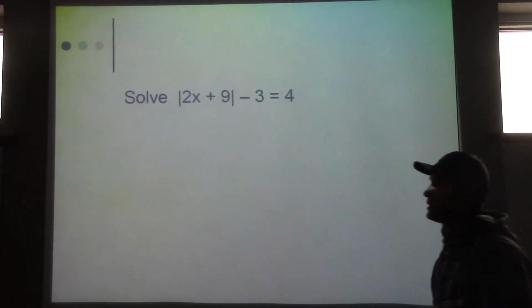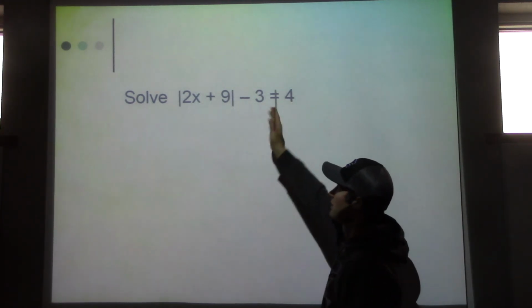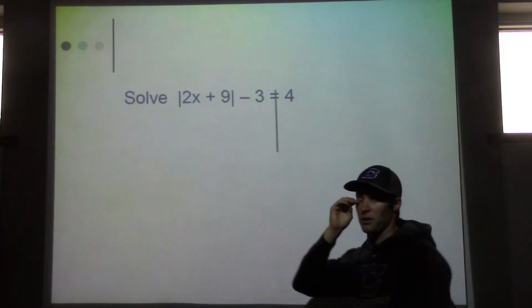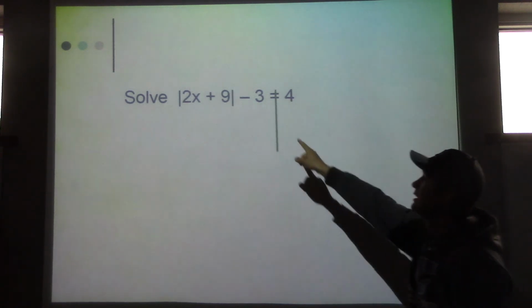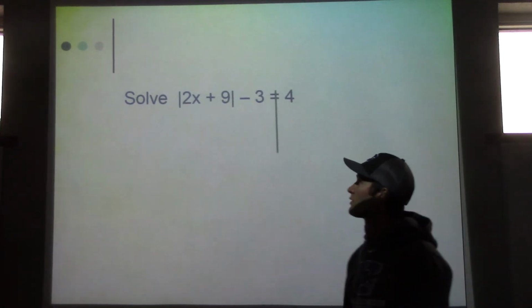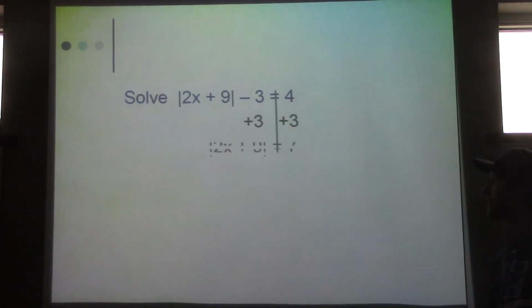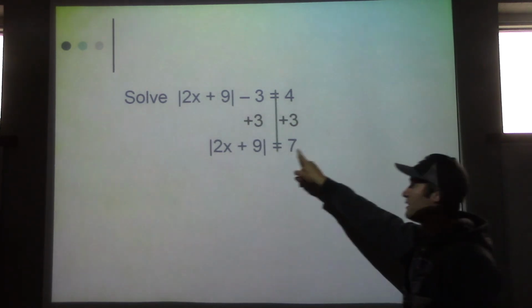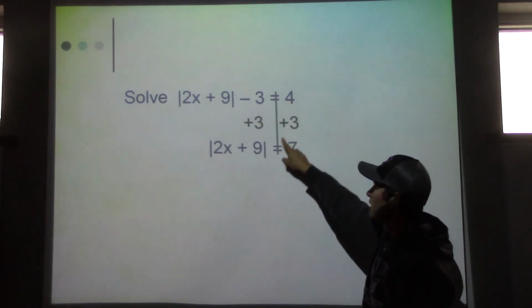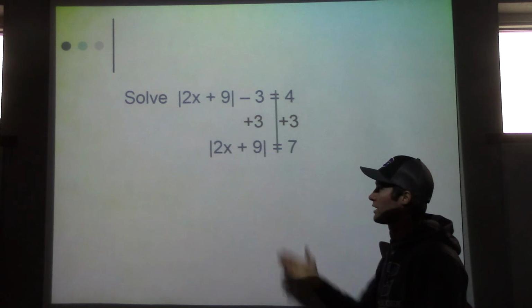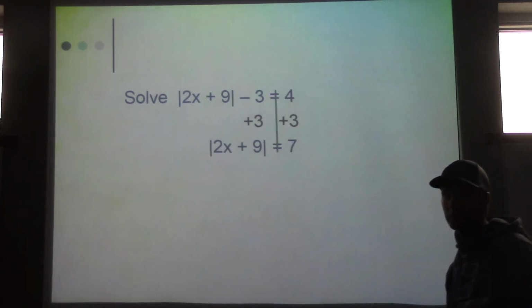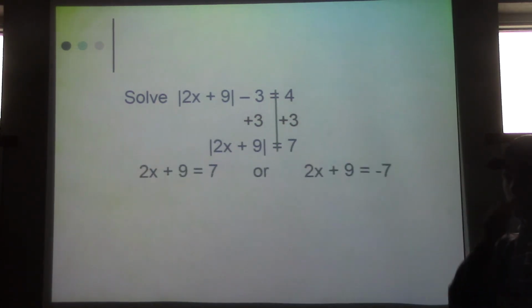We want to solve this one. Anything outside? So we check. Is there anything on the left-hand side of the equation? Is there any number on the outside? That 3. So we have to get rid of that 3 by adding it. Once we add it, does this absolute value equal a positive number? Yep, so we can set up our 2 equations. 2x plus 9 equals 7, or 2x plus 9 equals negative 7.